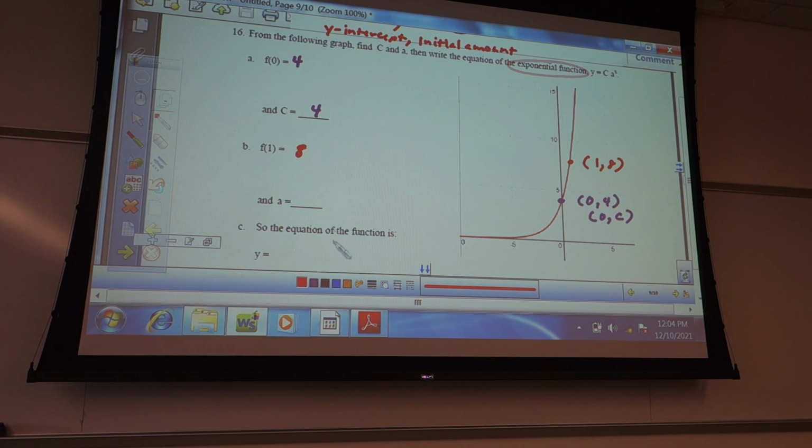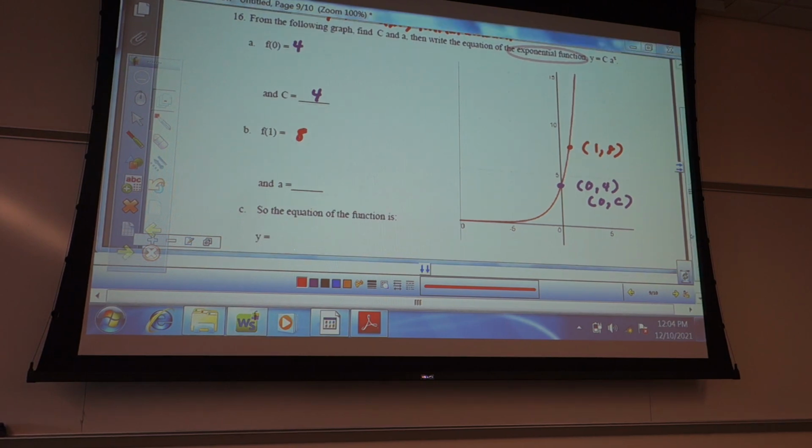Great. Now, a is not 8. I've got to put it in my equation. So far I start off with y equals c times a to the x, and then I find that c is 4. So now I have y equals 4 times a to the x.